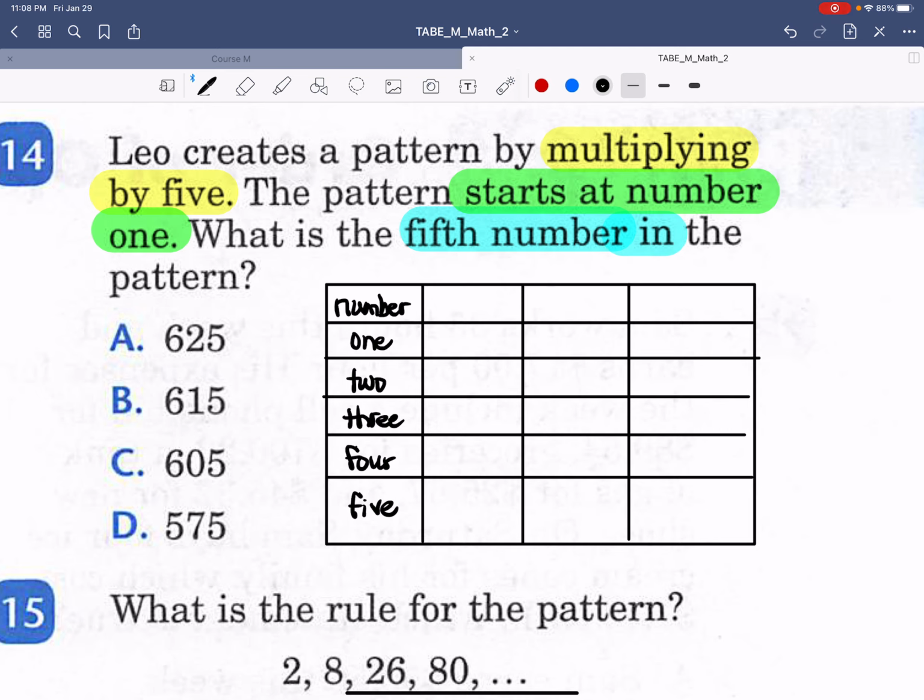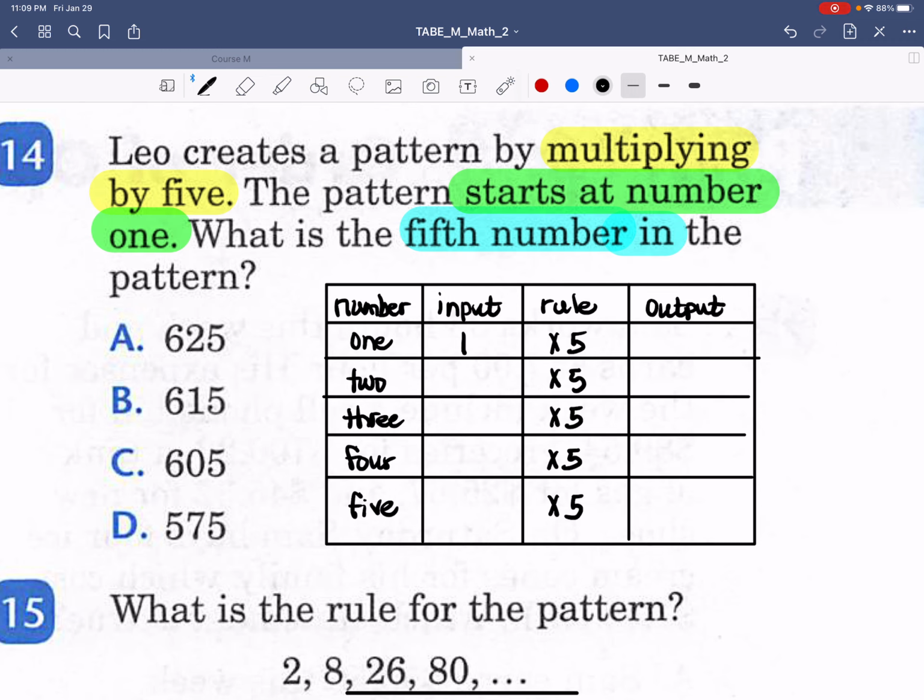I don't want those digits to get mixed up in my problem. So if I put a digit 1 there, I might be tempted to use that. So I always just spell it out, and that way I'm not trying to do math with it. We do know the rule. And we do know that the pattern starts at a 1. So we can find our outputs.